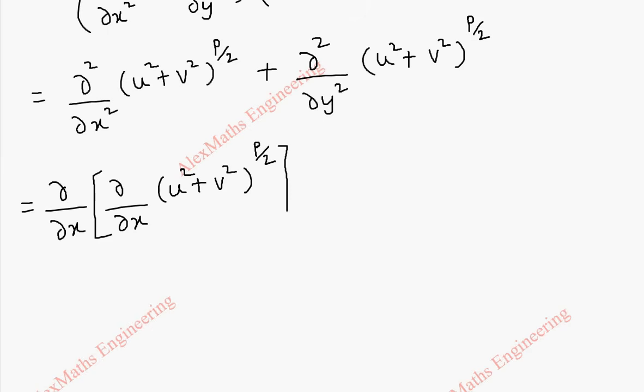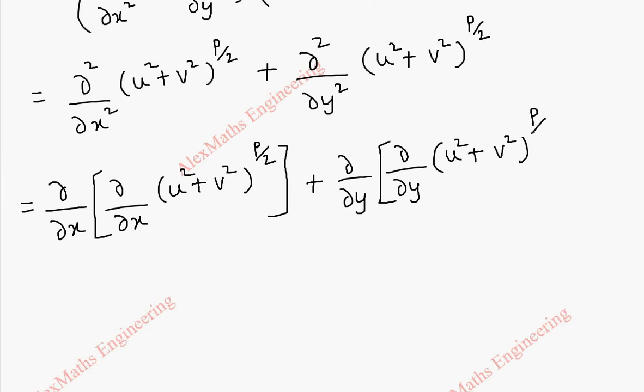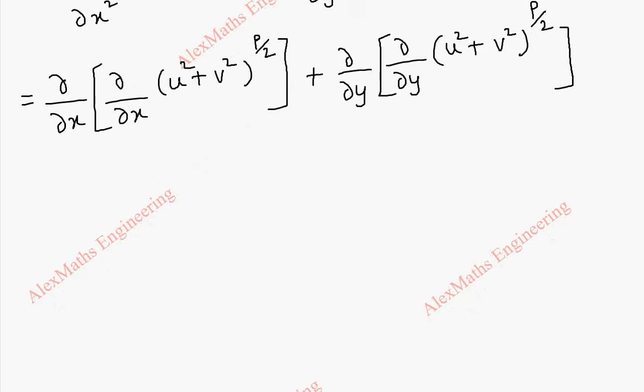In the same way, this is ∂/∂y of ∂/∂y of (u² + v²)^(p/2). Now, coming to the first part, we are going to differentiate this partially with respect to x. So outside we have ∂/∂x, open a bracket.